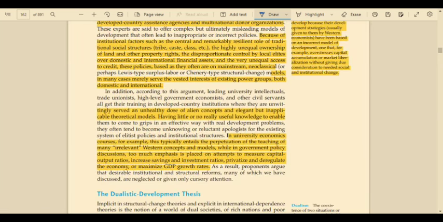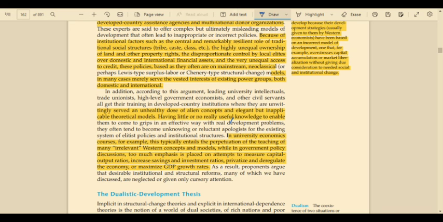Also, in addition, according to this argument, leading university intellectuals, trade unionists, and high-level government economists are unwittingly served an unhealthy dose of alien concepts, elegant but inapplicable theoretical models. Okay, but we need the savings and investment rate to increase, and this would increase GDP growth, according to the Harrod-Domar model and many other classical theories.